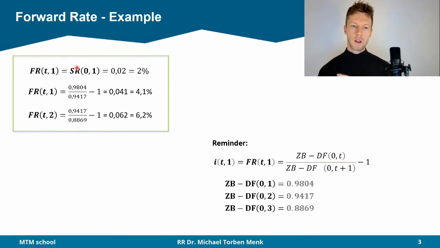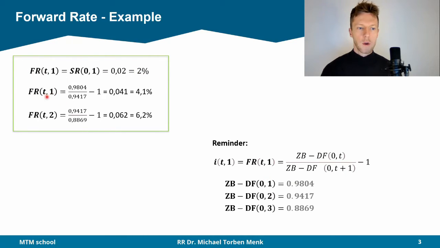You do not need a forward rate in order to know how the interest rate right now will be. Just look at the interest rate right now. So it's very easy to use it. So you have one part of the zero bond discount factor, as there is not one for the time now, and you get 2%.